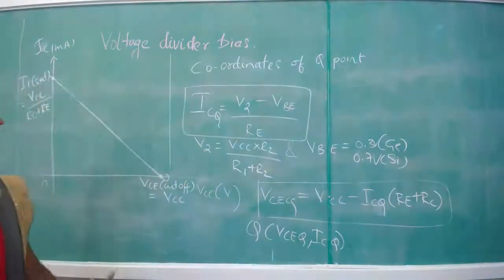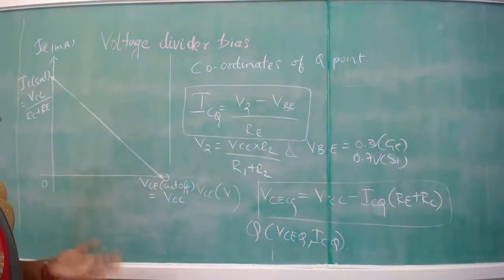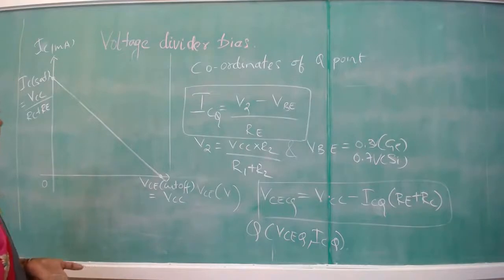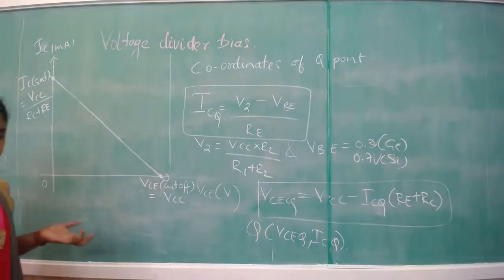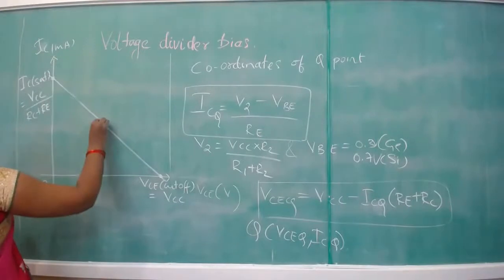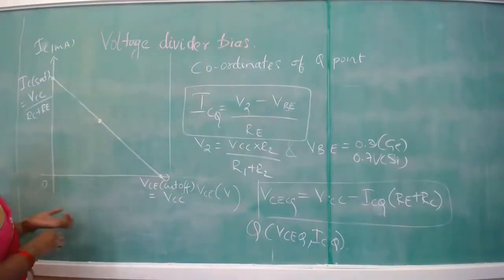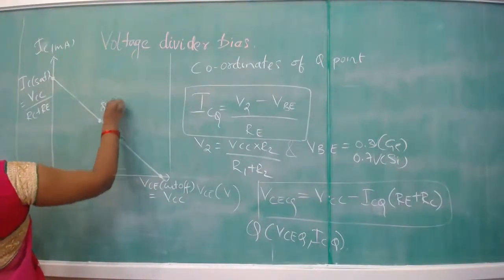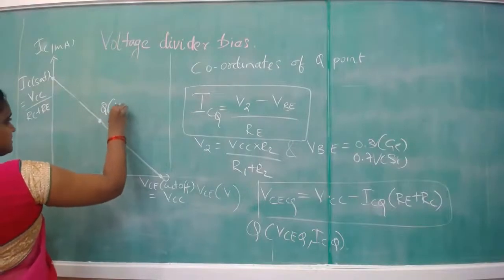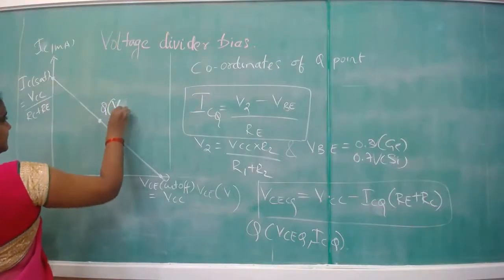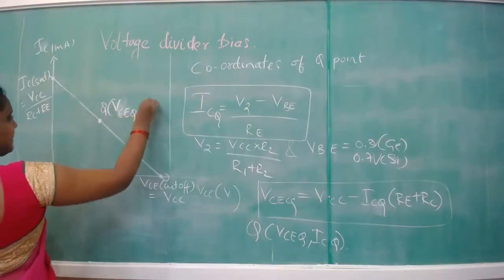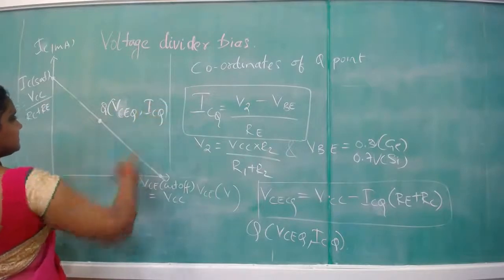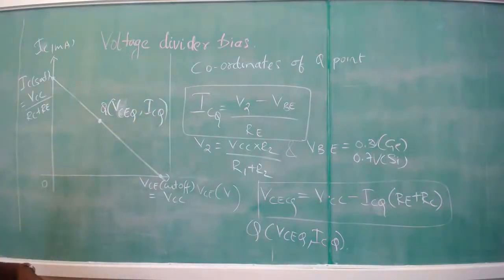Okay. So these are the coordinates of the Q point. You can get the Q point anywhere. We imagine it to be at the center. So this can be written as Q: VCEQ, comma ICQ. Okay. So this is about the coordinates of the Q point.